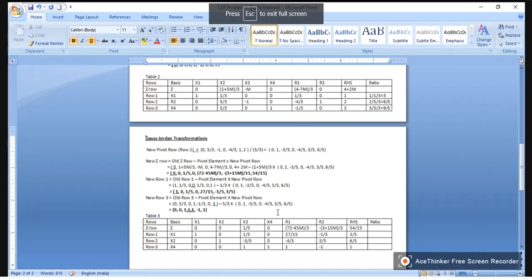Any non-basic variable to enter should have maximum positive value, right? So you can check whether these values are correct or not.